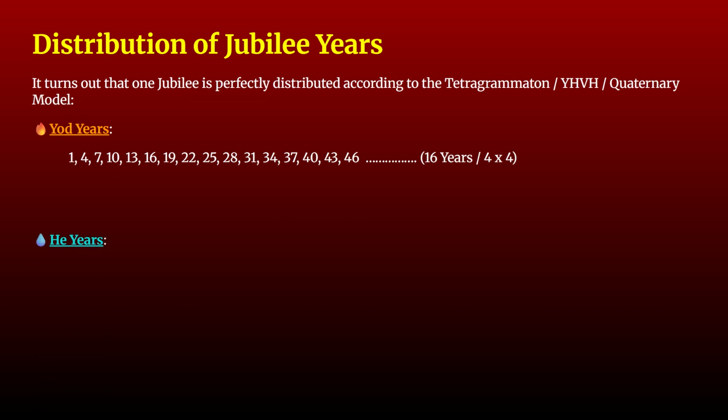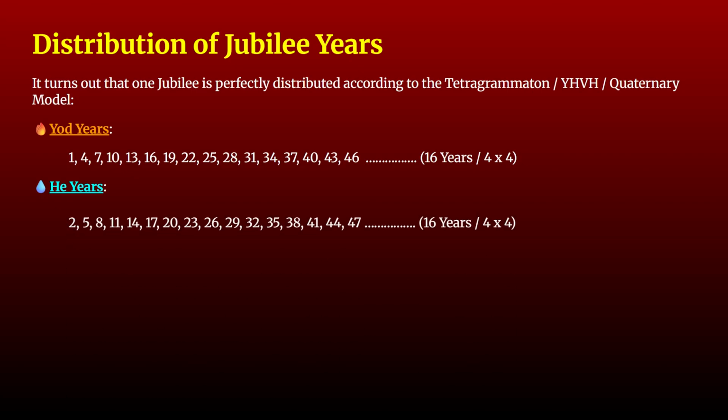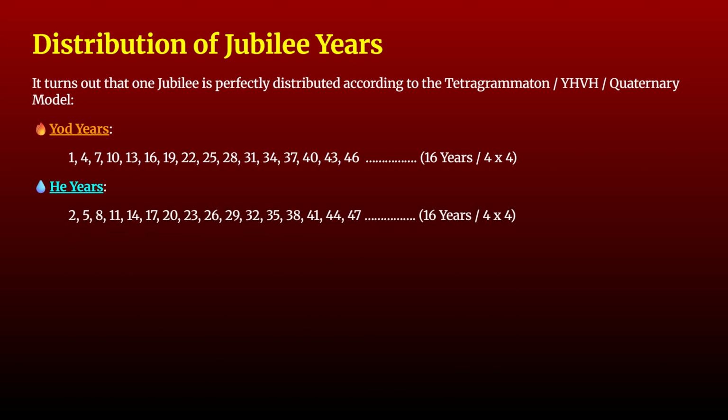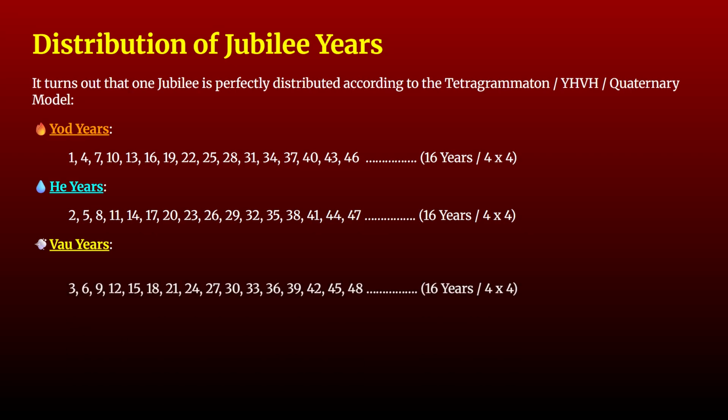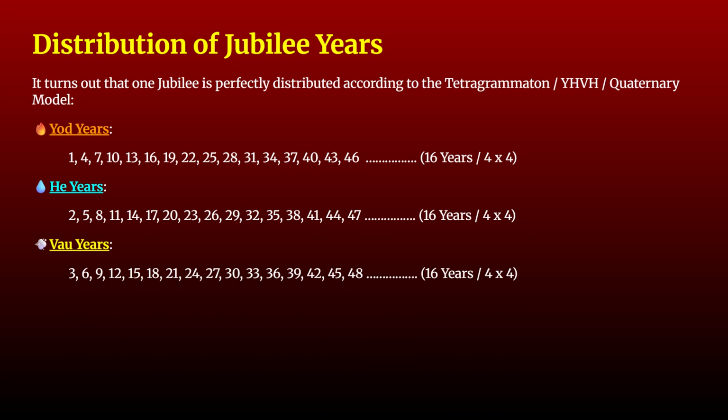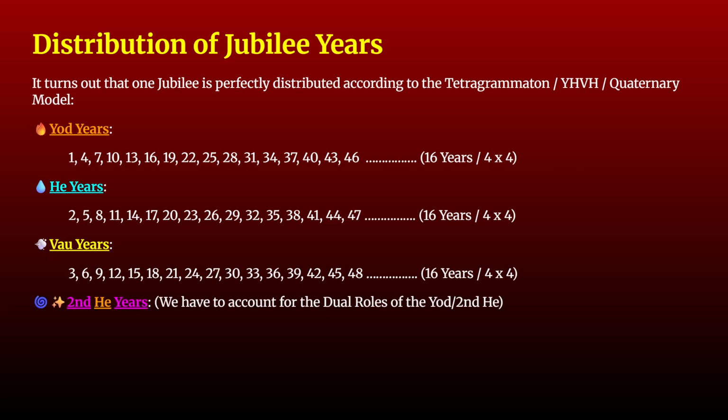Okay, so the years that correspond to He, or the water element, those are years 2, 5, 8, 11, etc. I'm not going to read them all. The vowel years are 3, 6, 9, 12, 15. Now, here is probably the part that I have to explain well.